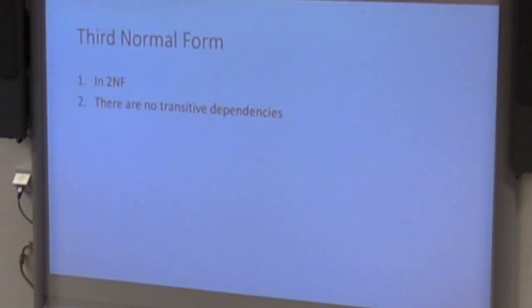And the third one, well, first of all, you need to have it in the second normal form. And then we have that rule that says that there are no transitive dependencies. And that means that there shouldn't be a way of making functional dependencies between the non-key attributes.